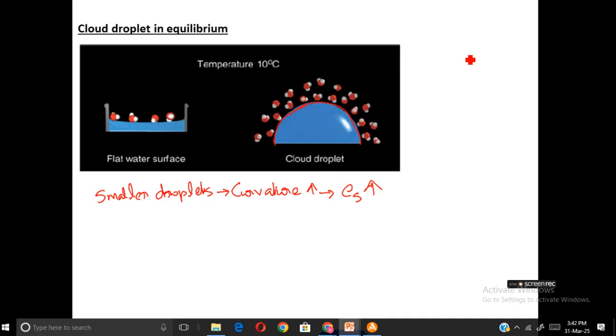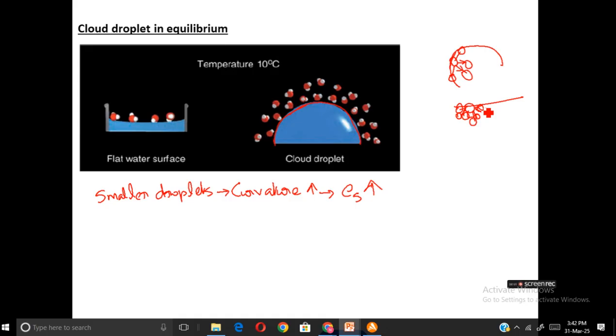And also in a curved surface, if you look at the water vapor molecules over here, this is attracted to these molecules. Now when you consider a plane surface, there are a large number of molecules to which the water molecule is attached.